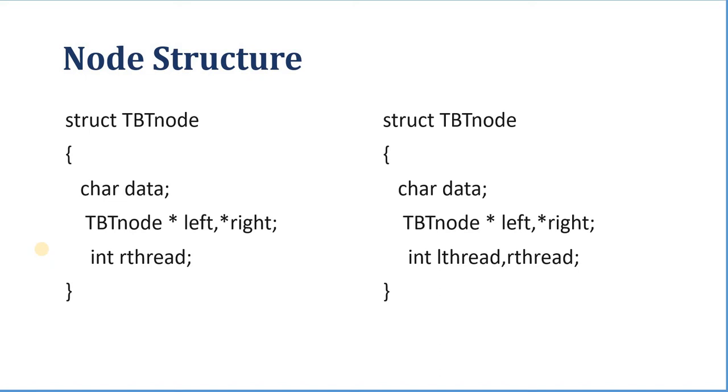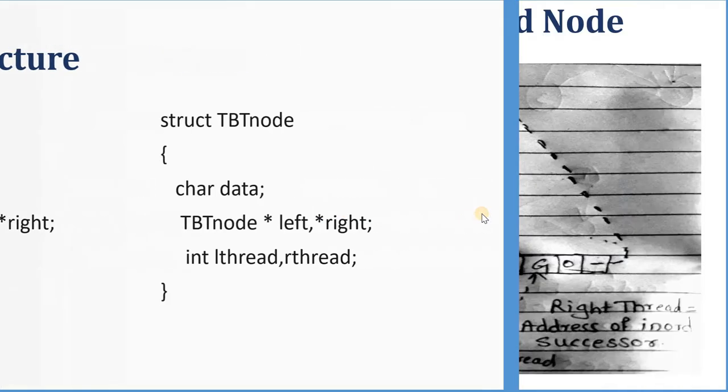So it contains either 0 or 1. 0 means a thread; it contains a thread pointer. And if it is 1, it means it's a normal node. So this is single one-way threading, and this is the structure of two-way threading, that is a left thread as well as a right thread. Both threads are there. The rest of the thing is common.